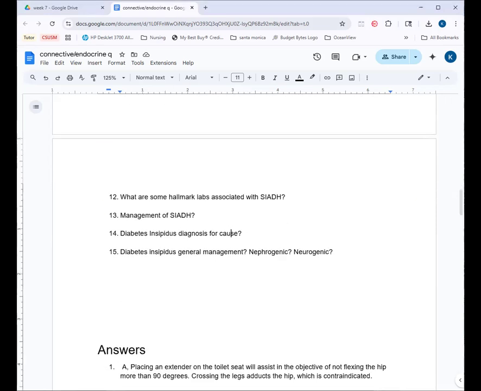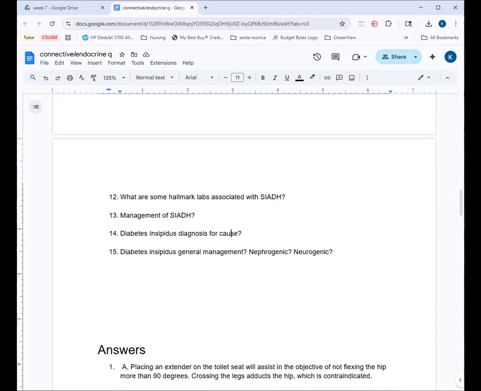Number 14, diabetes insipidus, diagnosis for the cause. So how are you going to figure out what the issue is with that? Water deprivation test. It's so cruel. I feel so bad. How long are we depriving the patient of water for?